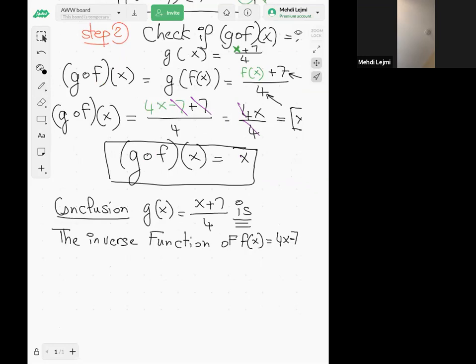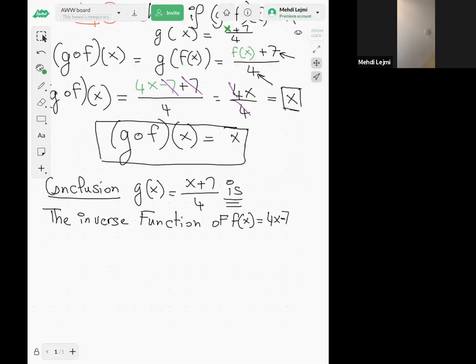So g is f inverse. The notation is with the power -1, and this power -1 means the inverse. So the inverse of f is equal to x plus 7 over 4, right?